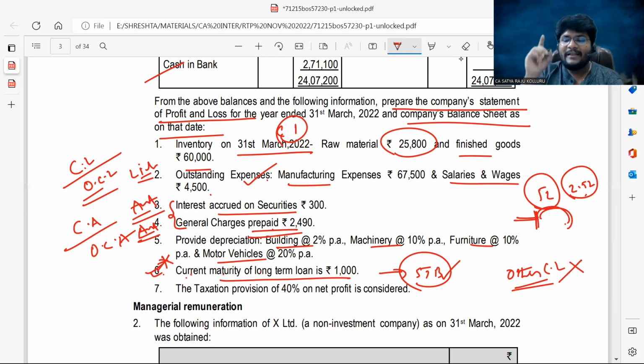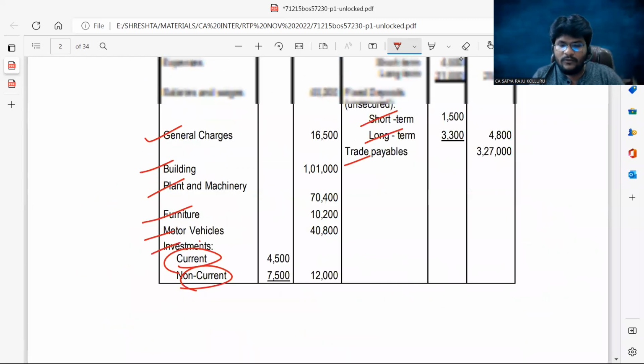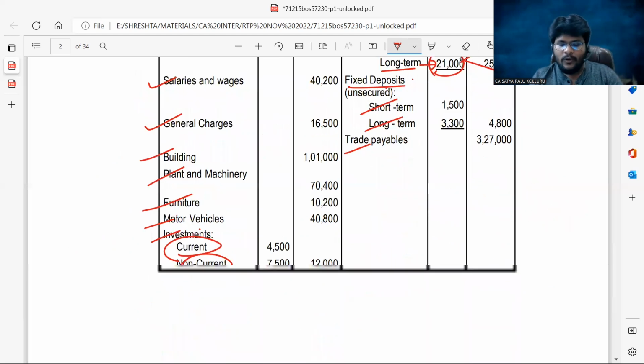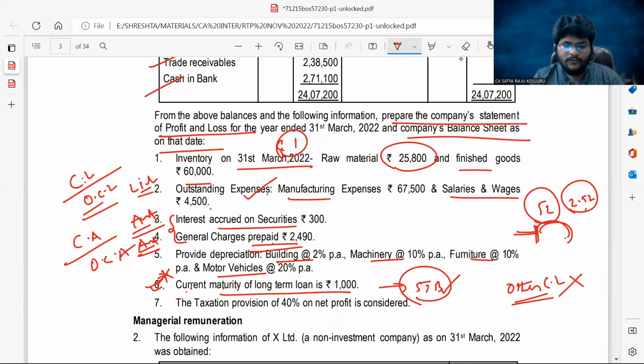Earlier it was shown under other current liabilities. That means out of this long-term loan of 21,000, 1,000 you can show under short-term borrowings. The remaining 20,000 only you can show under long-term borrowings. That is the point he is emphasizing through point number 6. This is the highlight point for the entire problem.